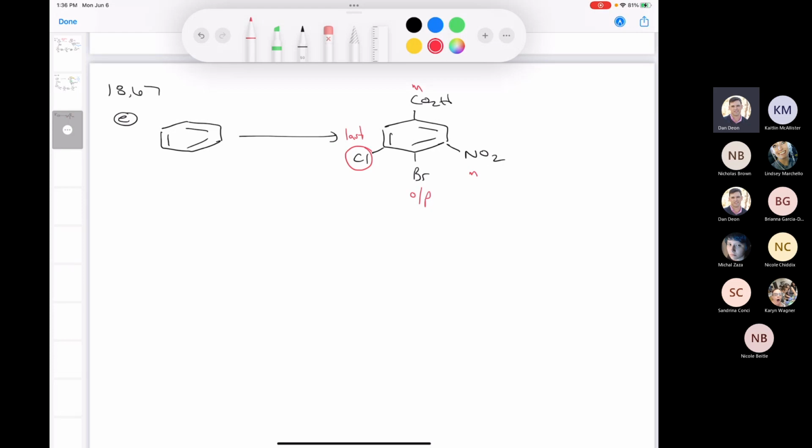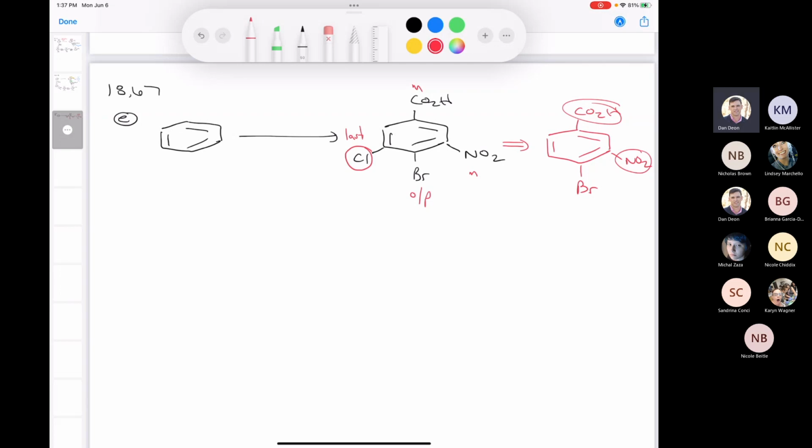So that means that I've got to make this compound where I have my carboxyl group, I've got my nitro group, and I've got my bromine. The only way I know how to make a carboxyl group is from a benzylic oxidation. And the only way I know to do a nitro is from a nitration.